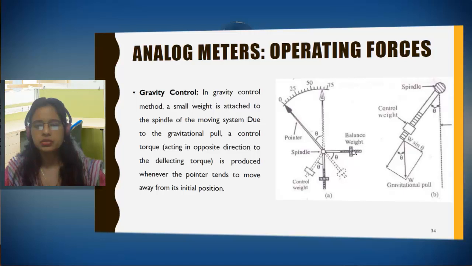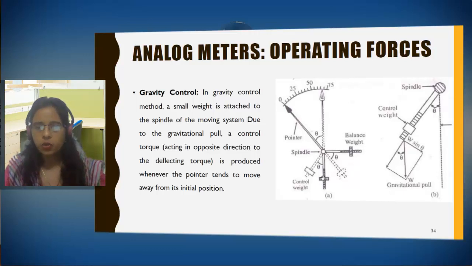This is the balance weight which is connected. This balance weight helps to control the deflection of the pointer. Because once this pointer is deflected from the initial position, it will keep on oscillating like this.